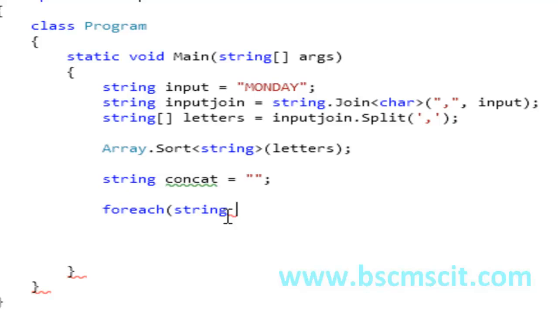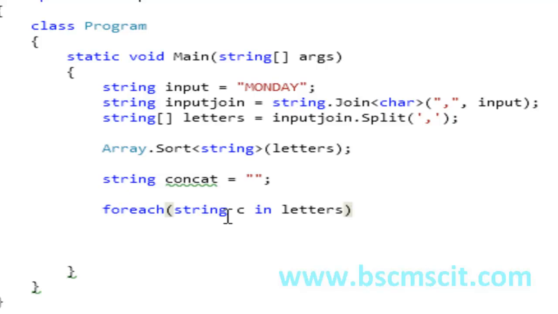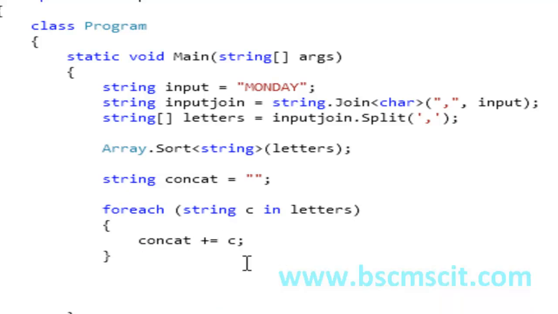I'm going to declare a new variable, string c in letters, and say concat. Every time this foreach loop iterates, I have just appended each value from the array to this concat string.